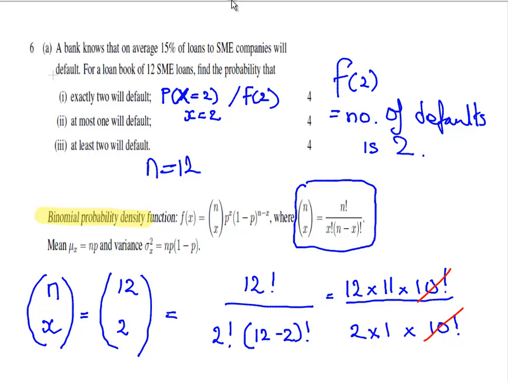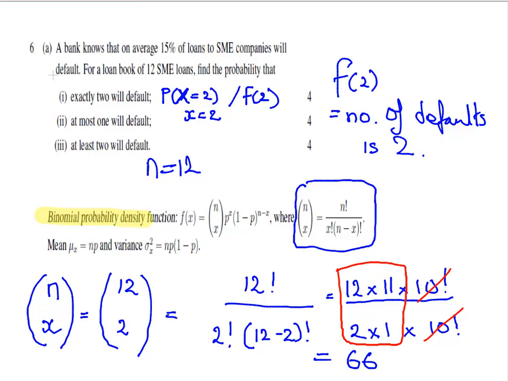So what we have here is 12 by 11 divided by 2 by 1. 12 by 11 is 132. Divide that by 2, and we get an answer of 66. Essentially, just a little bit of calculator work, a very simple calculation. So we have calculated n choose x, which is 12 choose 2, 66.